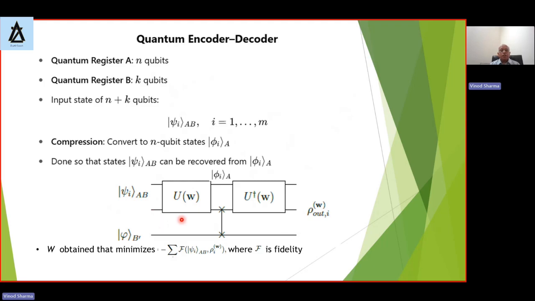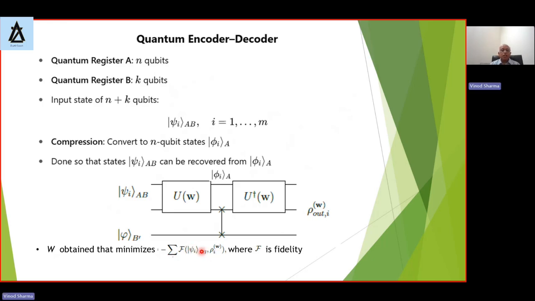So we can represent it as a problem of obtaining the W parameters that minimize minus the sum of F of psi i A B and the corresponding output rho i W, where F is a fidelity measure. F measures the similarity between this state and this state.